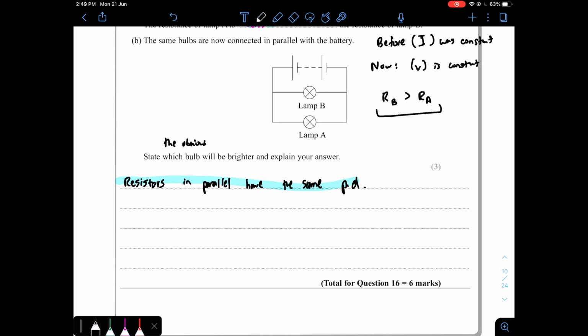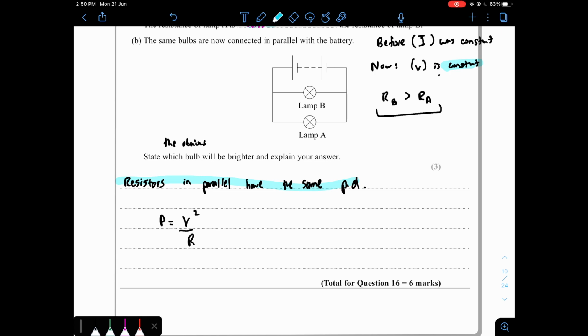Okay, so next thing, we need to find a formula that will explain to us which bulb is brighter. The only formula that requires R and V is P equals V squared over R. Now, we know V is constant.